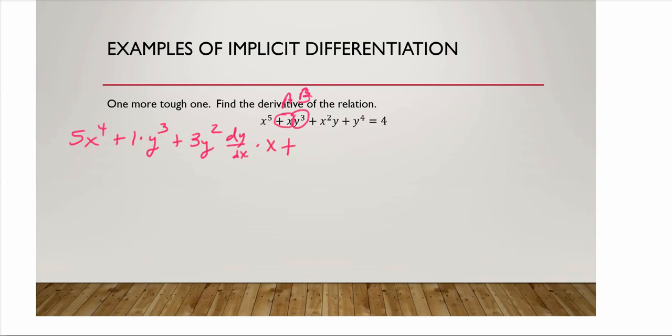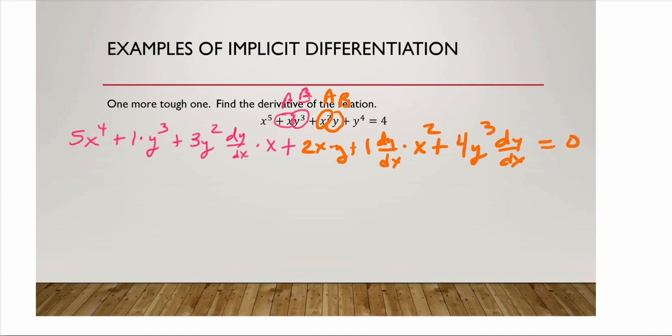Plus, now I've got to do ABBA again. So this here is my a bubble, and this one is my b bubble. So that's going to be 2x times y, plus the derivative of y is 1, dy/dx, times x squared, plus 4y cubed dy/dx is going to equal 0.